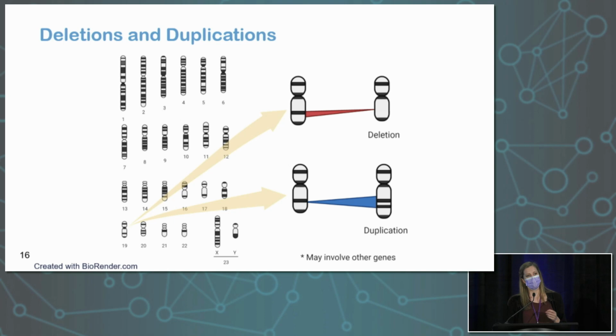And sometimes what can happen is that it's actually a much larger change, and so it might include the CACNA1A gene and then also several other genes. And those other genes might have an impact by themselves, in addition to the CACNA1A gene. So again, these are just one other type of changes we can see, based on those changes within the chromosome itself.